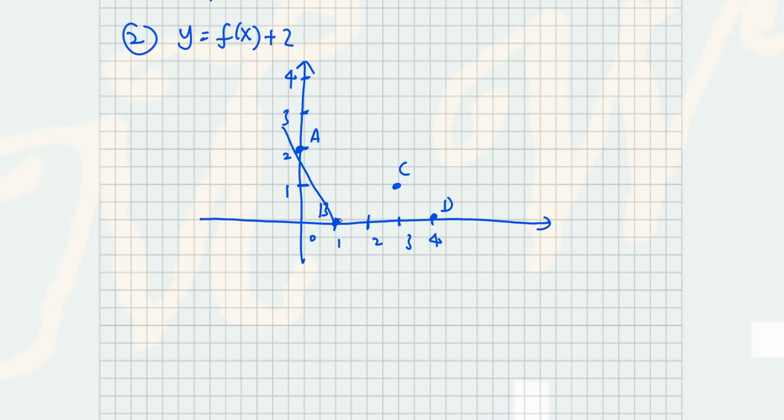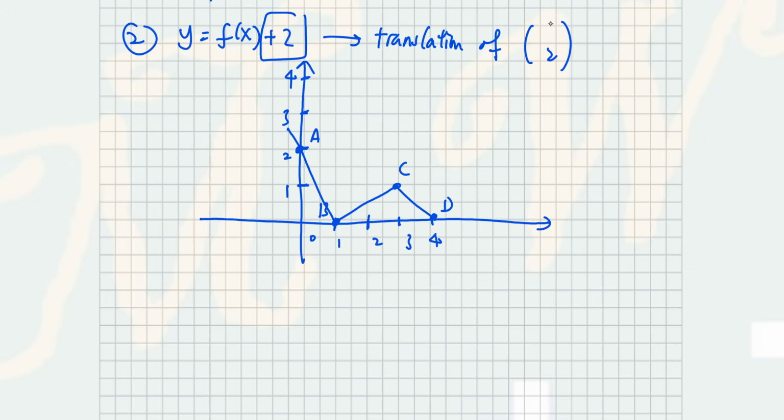So this will be my original graph. Now because of the plus 2 over there, this plus 2 is not inside the bracket. Therefore, this is a translation of 0, 2.